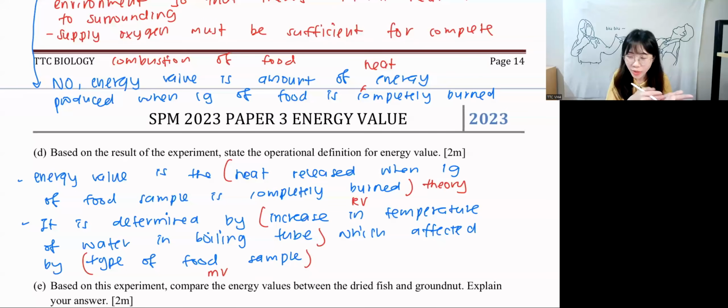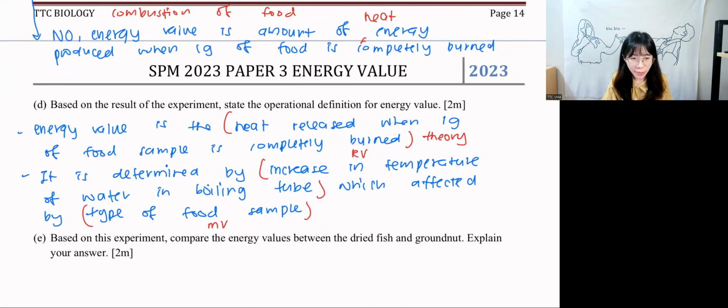Your responding variable is increase in temperature of water, based on this experiment. Both are correct. One is RV, one is ORV. Operational responding variable is energy value, based on your textbook. So when you write operational definition, it's your RV, not your energy value, because you already explained what energy value is.